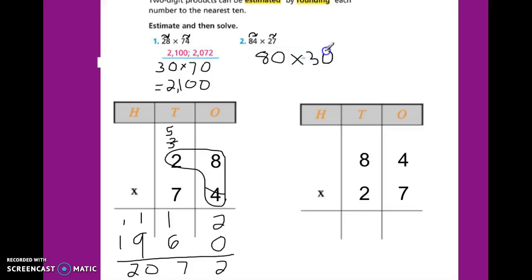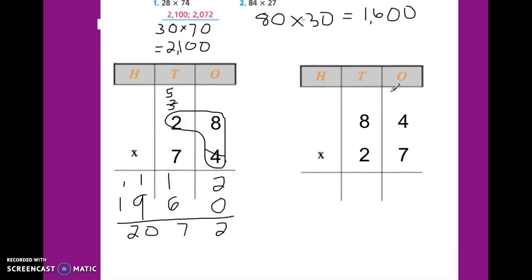All right, and then we go ahead and we multiply those two. 8 times 3 is 16, so we get 16 and we add our 2 zeros on.